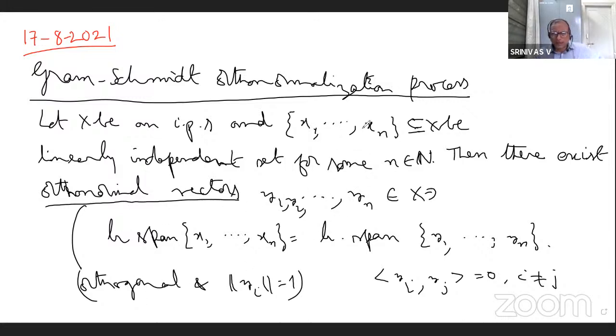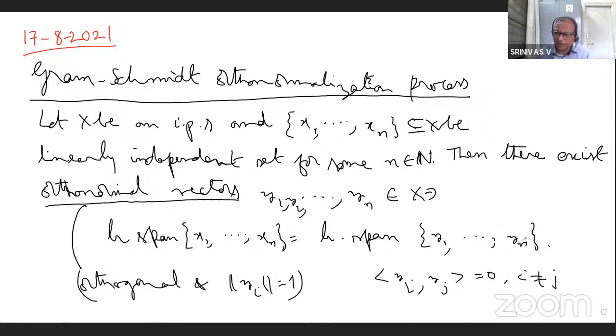Okay. So whenever you have n linearly independent vectors in an inner product space, you can construct the same number of orthonormal vectors such that the linear span of these linearly independent vectors is also equal to the linear span of these orthonormal vectors. In fact, we proved in one of the propositions before that in an inner product space, orthonormal vectors will be linearly independent.